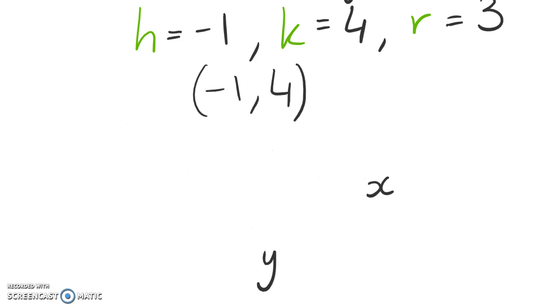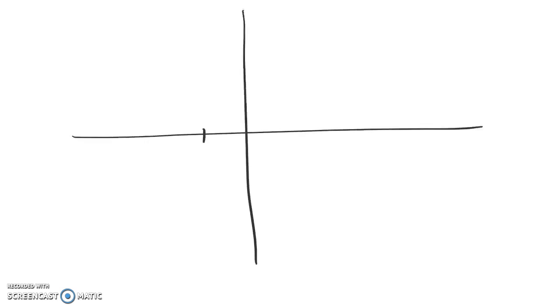So let's have a look if I can draw it to scale. This is better. -1, here's 4, so there's our centre. And we had a radius of 3, so we're going to come down to about 1 down here. So that's 1. And we'll go across to about 2.